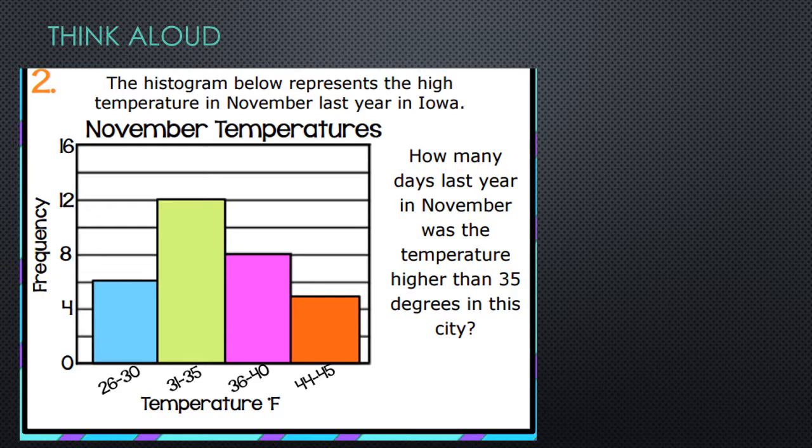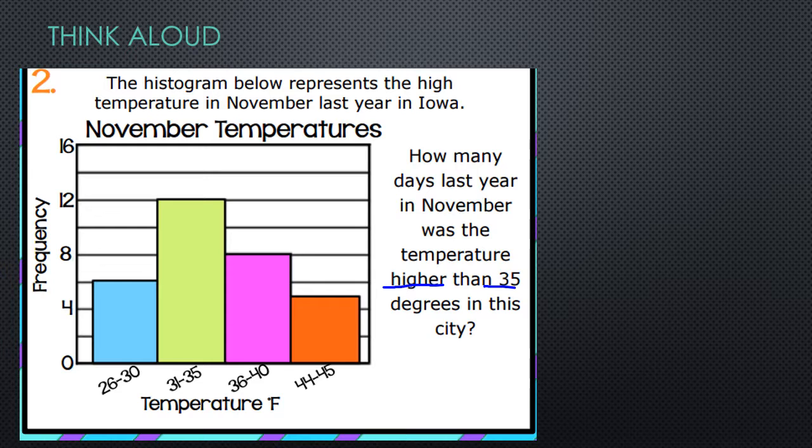Okay, now let's look at a histogram in a word problem. The histogram below represents the high temperature in November last year in Iowa. How many days last year in November was the temperature higher than 35 degrees in this city? We're looking for something higher than 35, which means it has to be greater than 35.